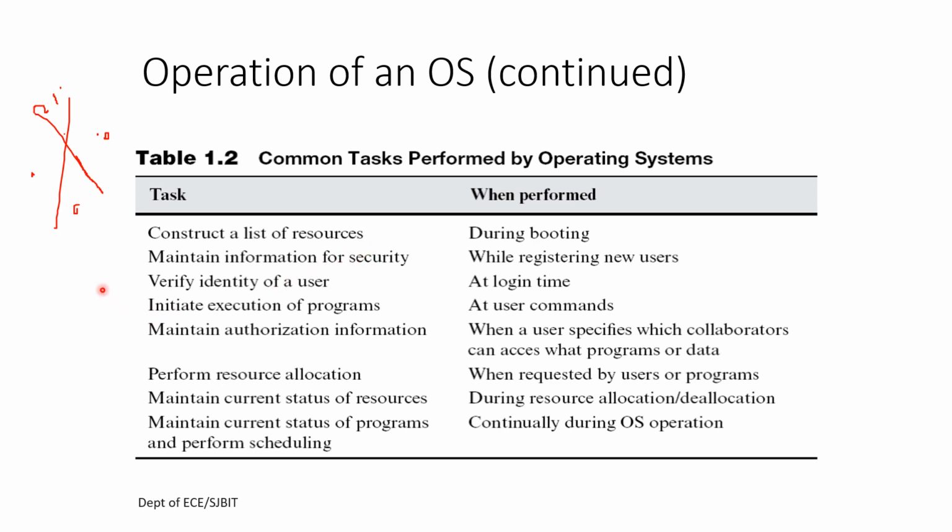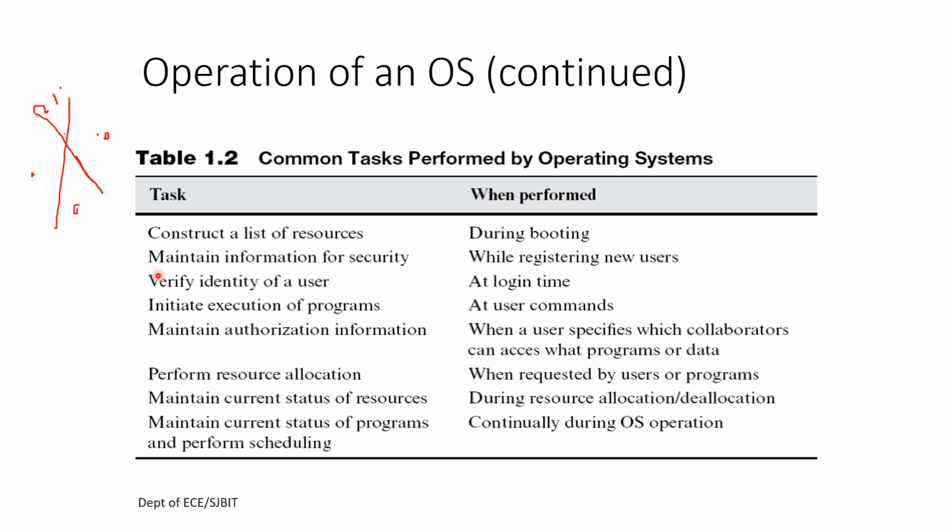This task will be performed during the booting, when you are switching on your computer system or your laptop. That time the construction of the list of resources will be performed.